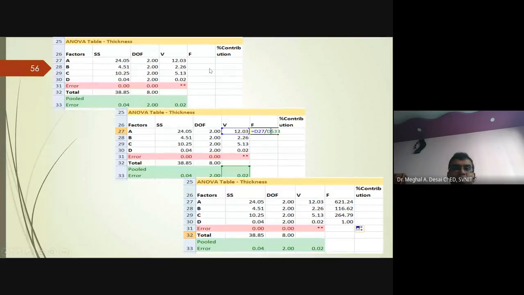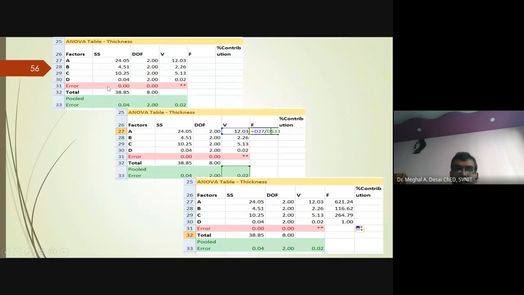So we can find the F value now. The F value for each factor was found. This pooling is there when your actual error is not there.